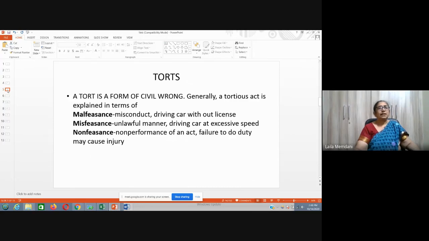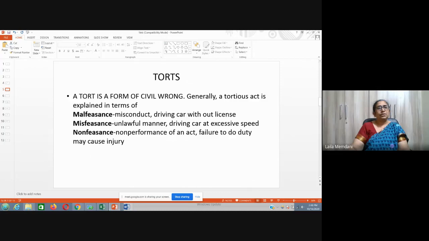Misfeasance, unlawful manner, driving a car at an excessive speed. You are breaking two laws: you are driving the car without license, and you are driving the car at an excessive speed.